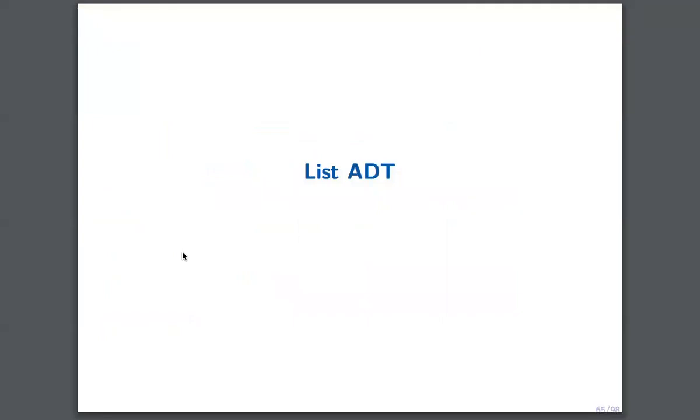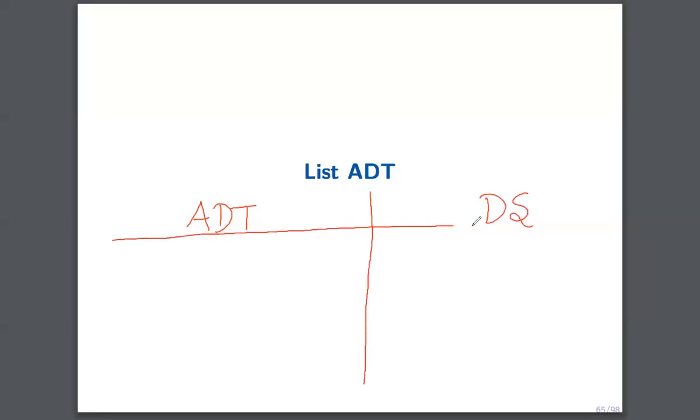What is ADT and what is a data structure? Different ADTs can be implemented using different data structures. You can see the same ADT can be implemented using different data structures.